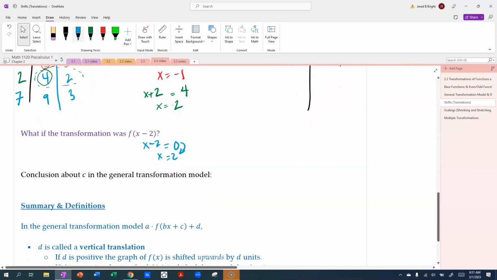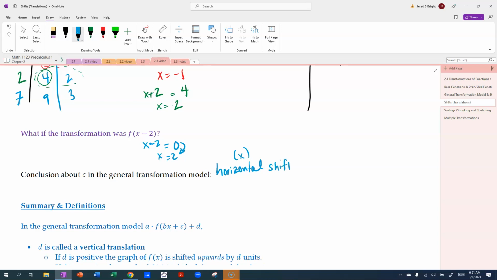So what does C in our general transformation model do? It is a horizontal shift. Horizontal because it's changing x. So this is an x horizontal shift, and again we have 2 cases.